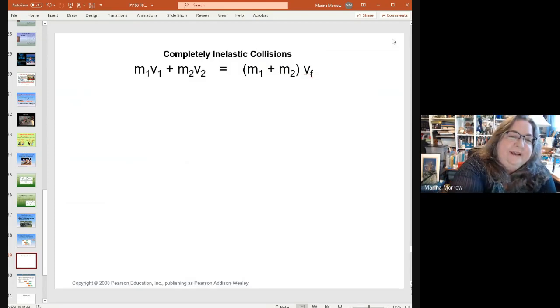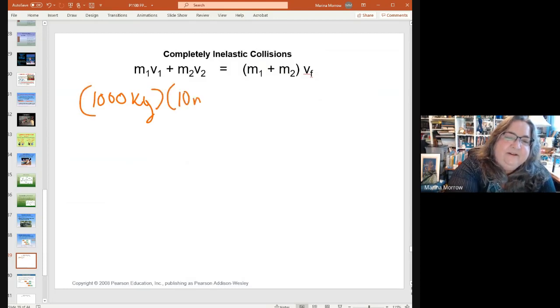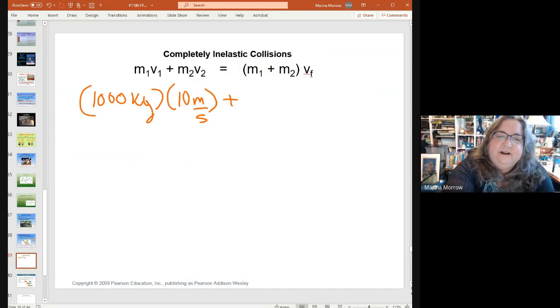So I'm going to make 1,000 kilograms for the first car, and it was moving at 10 meters per second. And the second one is also 1,000 kilograms, but it was moving at 0, right?